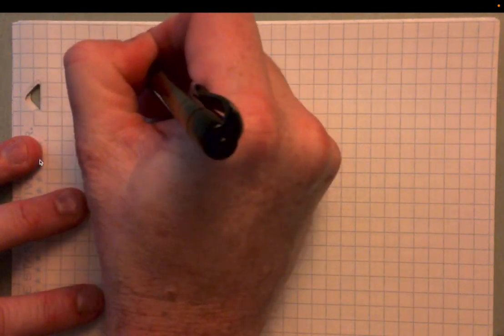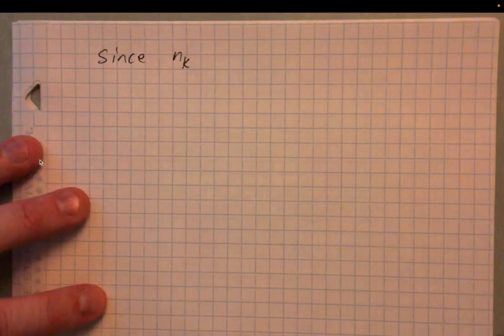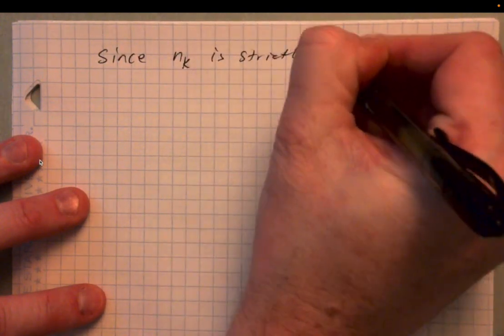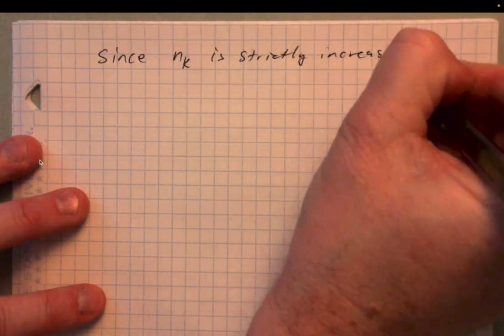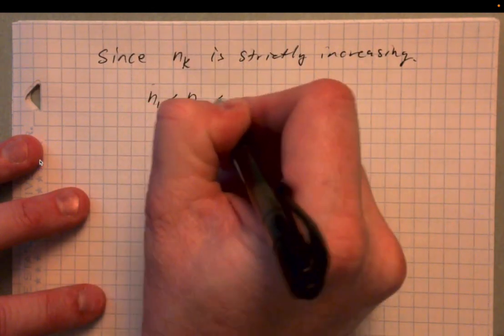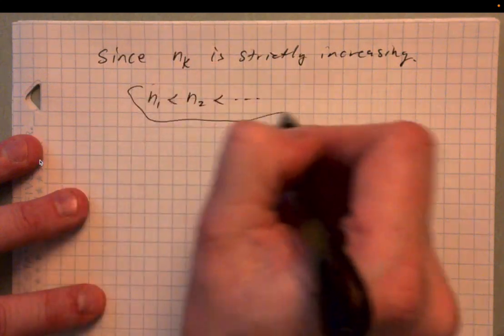And now let's bring in the subsequence concept. Now, since n sub k is strictly increasing, remember that n sub 1 is less than n sub 2, which is less than and so on. That's kind of how we defined a subsequence: the indices have to be increasing, which means we just basically have to be moving forward in the sequence.